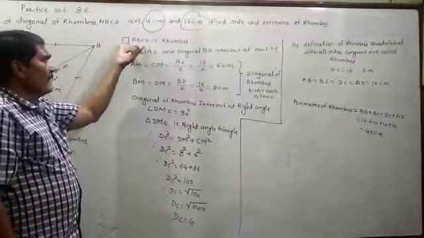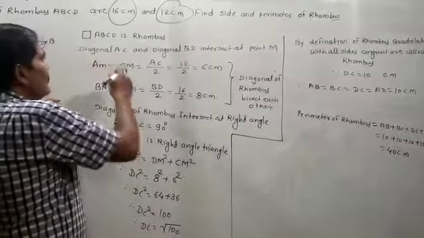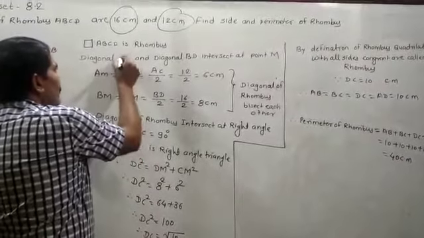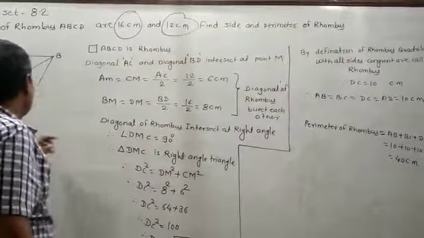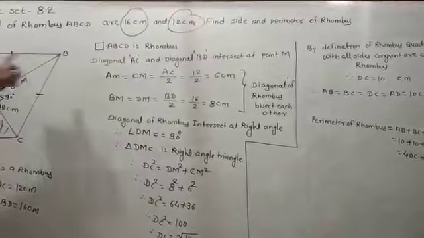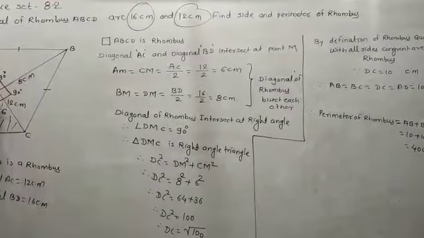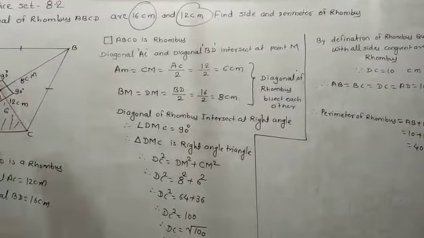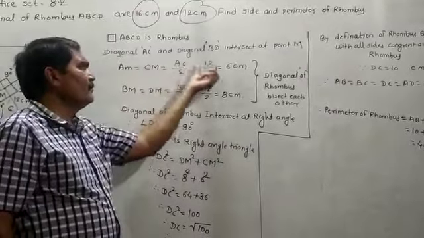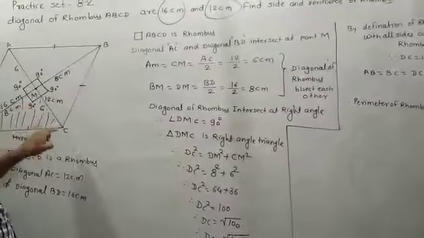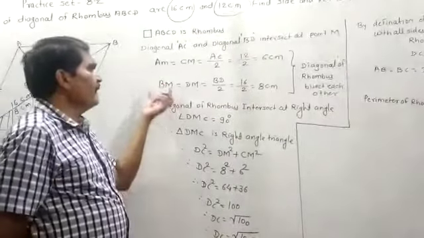Since the quadrilateral ABCD is the rhombus, first property is that diagonal AC and diagonal BD intersect at point M. Here this AC diagonal and BD diagonal intersect at point M. So you have to say that AM is equal to CM is equal to AC upon 2, which is equal to 12 upon 2, is equal to 6 centimeter. This BM is equal to DM.